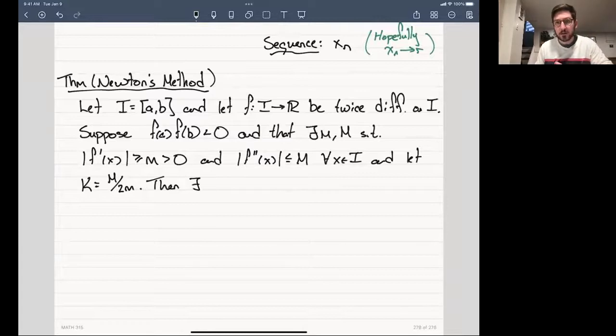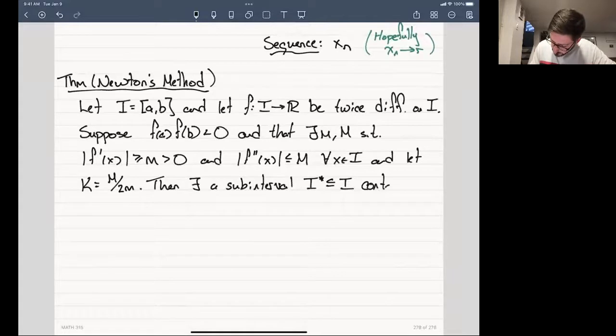there exists a subinterval, which I'll call I star, which is contained in I, containing a root or a zero, which I'll call R again, of f.